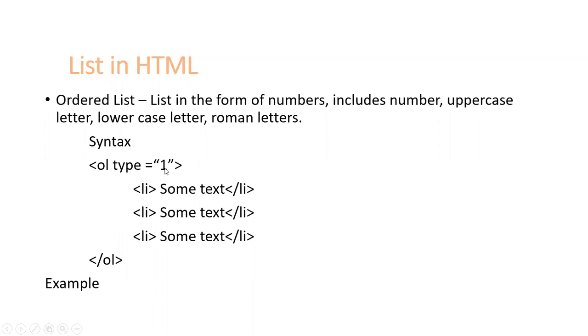Suppose I write 1, the list items will come as 1, 2, 3 and so on. If I use capital A, then items will come in A, B, C format, and so on. We have seen an example also, which we are not going to discuss in this lecture.